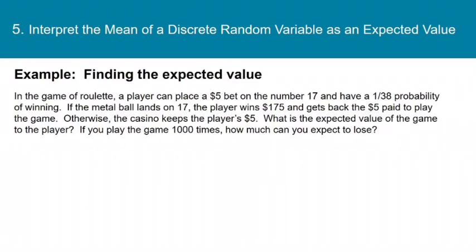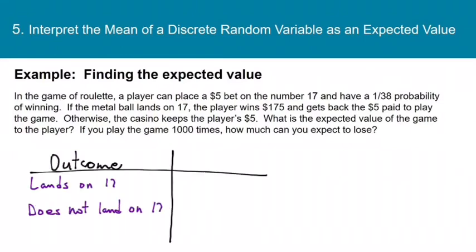Okay, well, there are two possibilities here. Either the ball lands on 17 or it doesn't. And so now let's figure out the possible outcomes for our random variable. If the ball lands on 17, then it says the player wins $175 and they get back their $5. So the player actually has come out ahead $175.